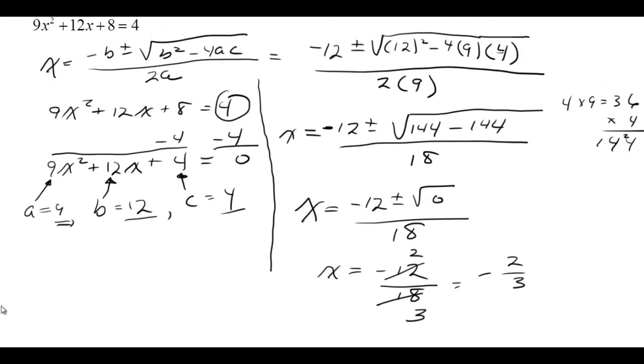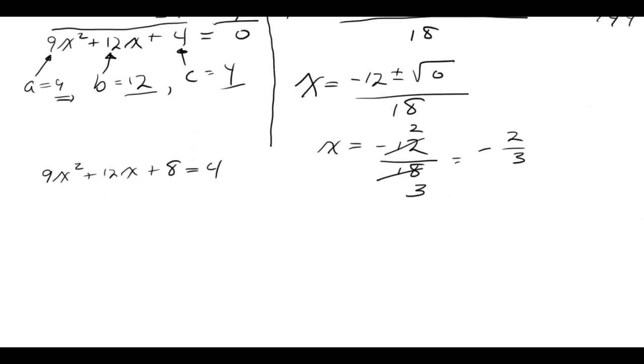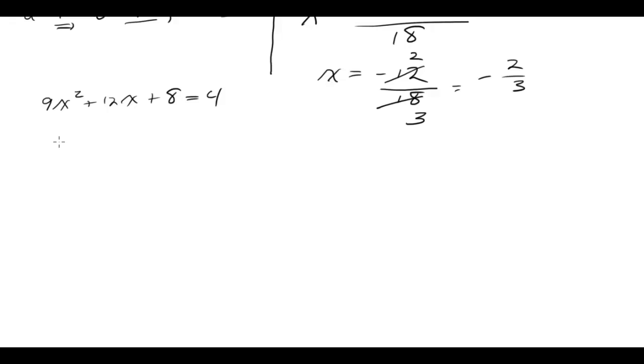What is our equation? Our equation is 9x squared plus 12x plus 8 equals 4. So now we only have to check for one answer. It's a fraction, but hey, we can deal with fractions. We just have to be a little extra careful. So we're going to check the solution for x equals minus 2/3.